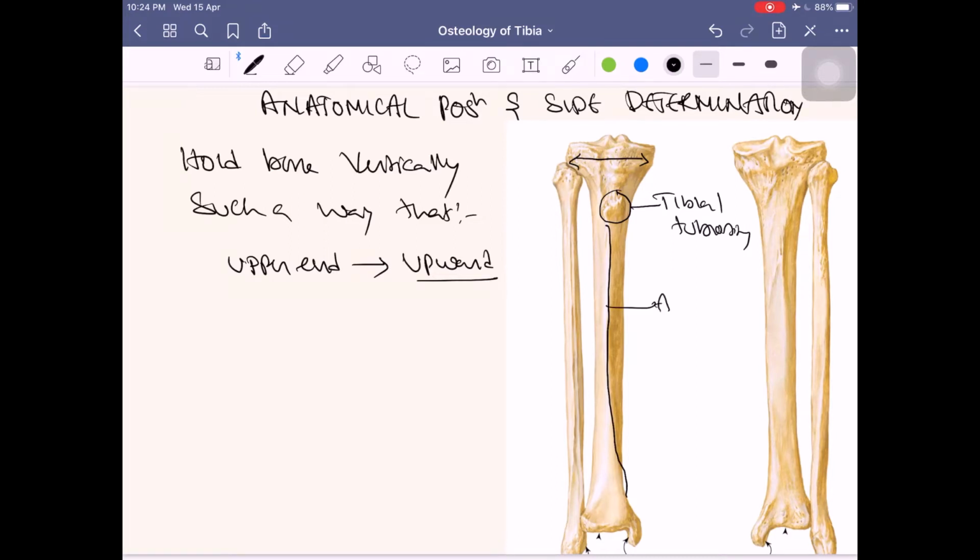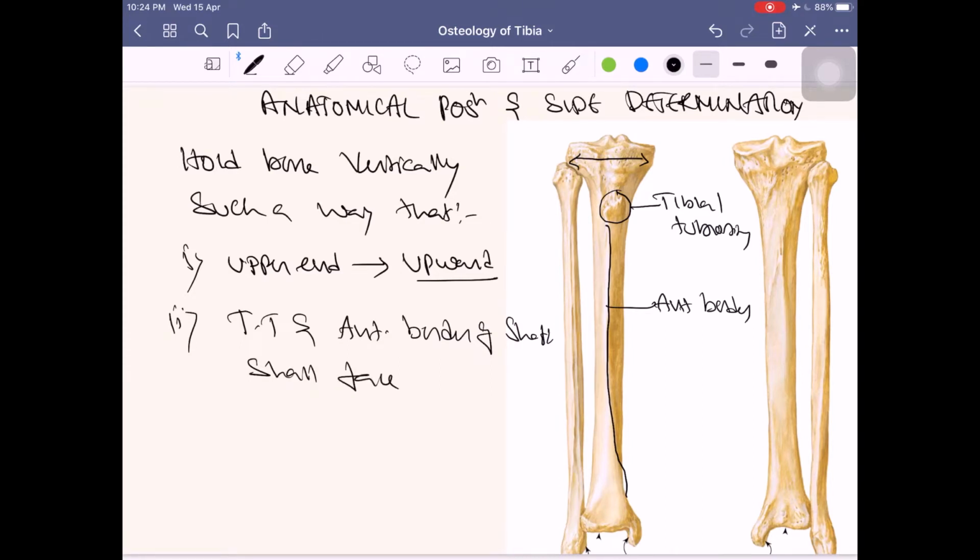So the second point: your tibial tuberosity and the anterior border of the shaft shall face anteriorly.